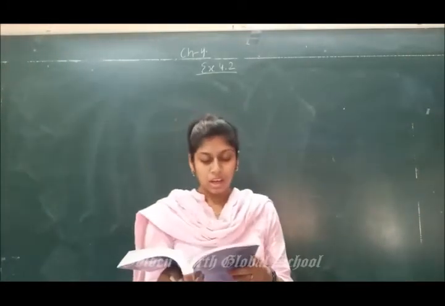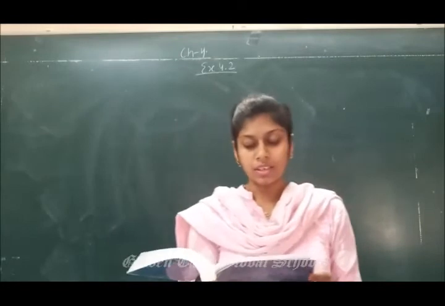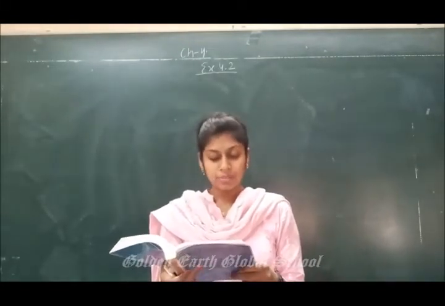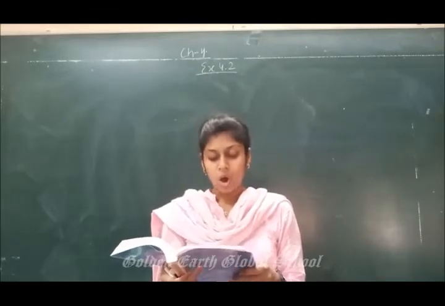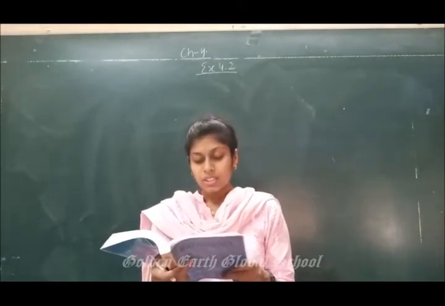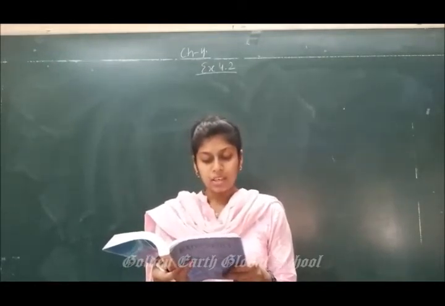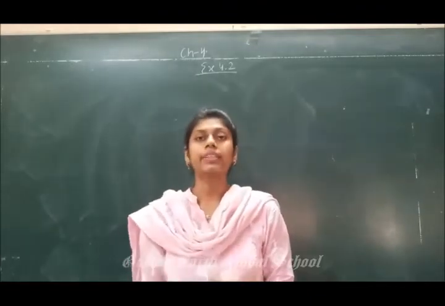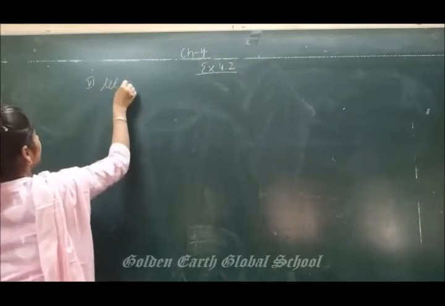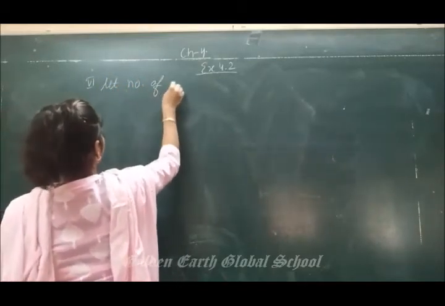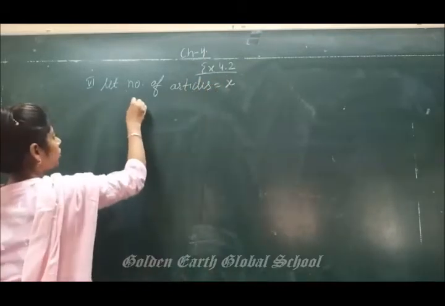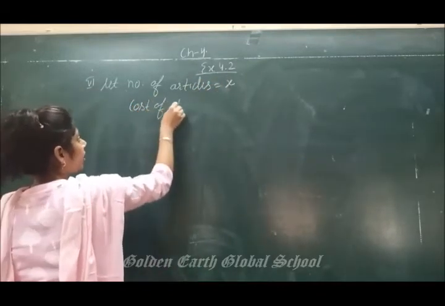The statement is: a cottage industry produces a certain number of pottery articles in a day. It was observed that on a particular day, the cost of production of each article, that is, one article, was 3 more than twice the number of articles produced on that day. First of all, let the number of articles be x. What is the cost of one article?